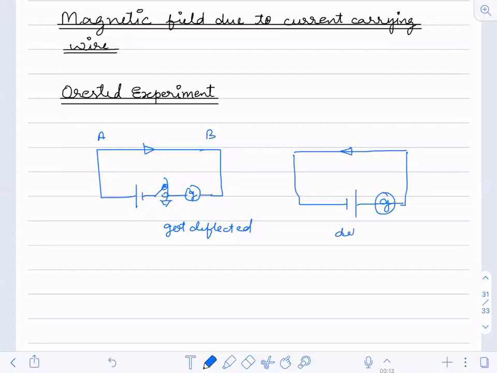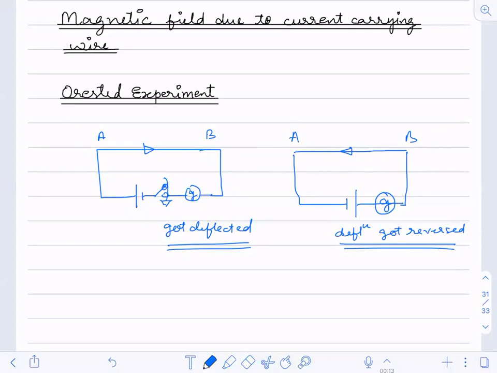The deflection got reversed. When you change the direction of the current across the conductor AB, the deflection got reversed. So this was what he found.